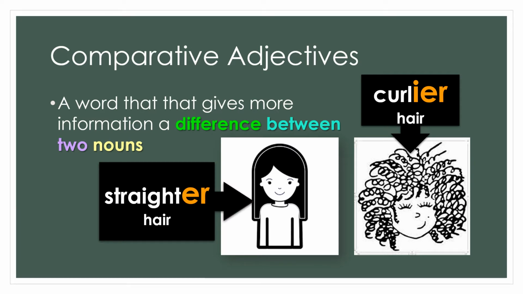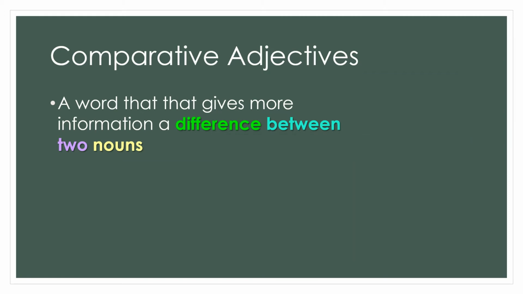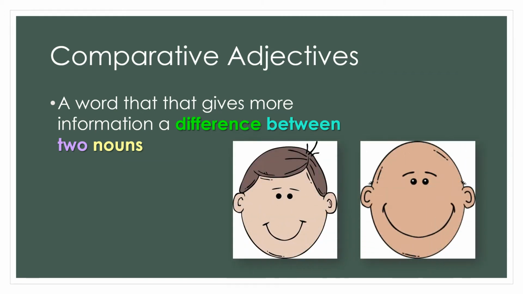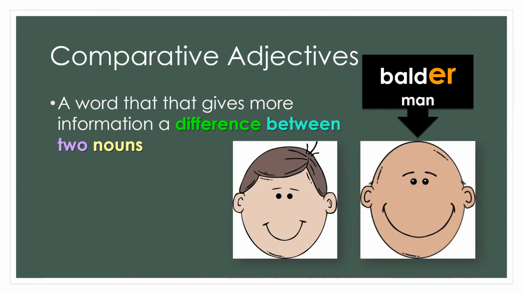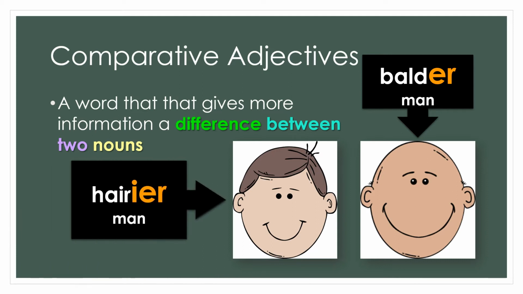This woman's hair is straighter than the other woman's. This man is balder than the other man. This man is hairier than the other man.